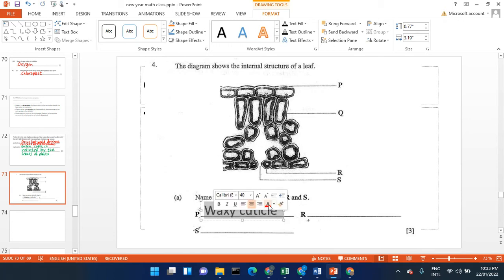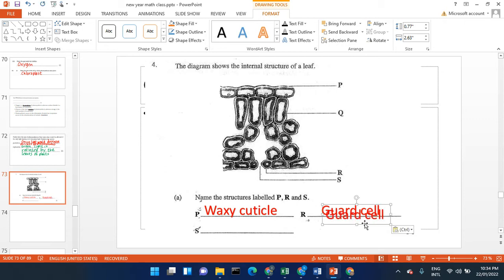I'm going to put that in red. Next up, we have the structure labeled R. What is that pointing to? That's pointing to the guard cell. So that's the guard cell.